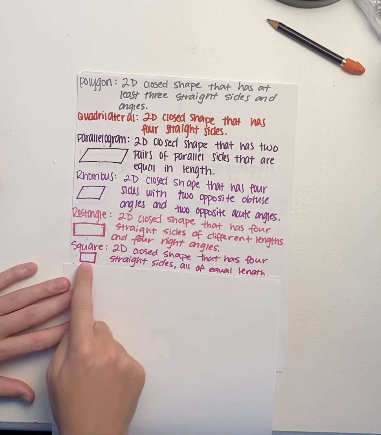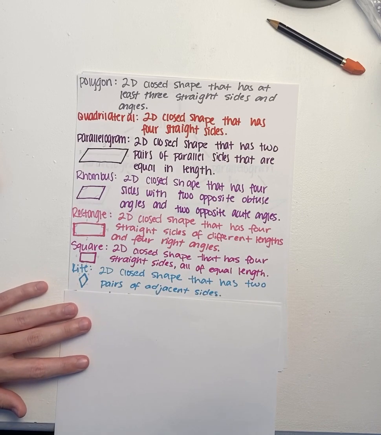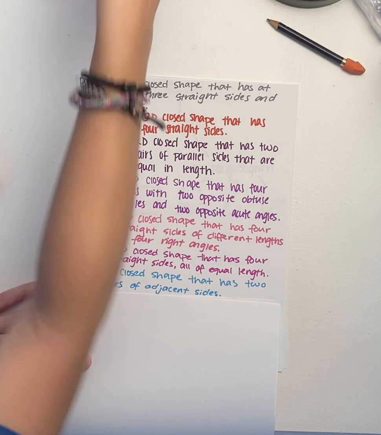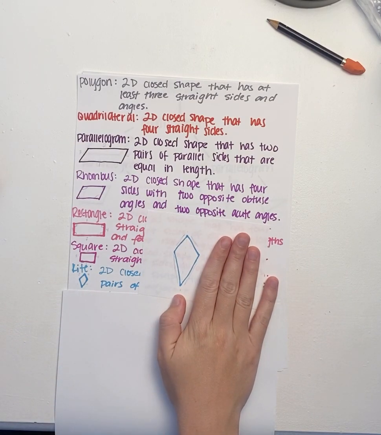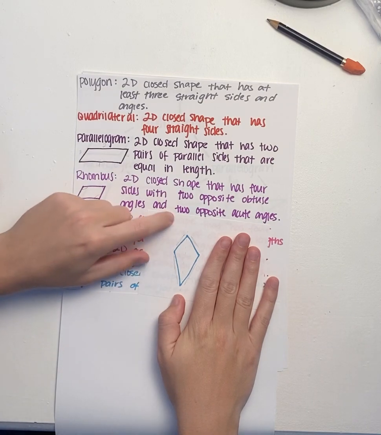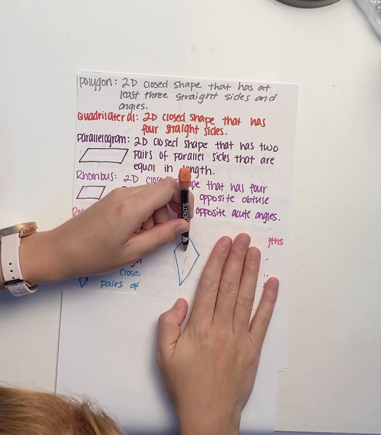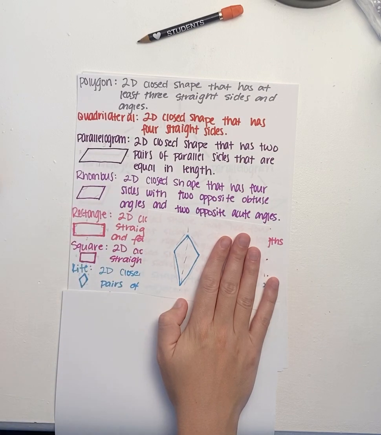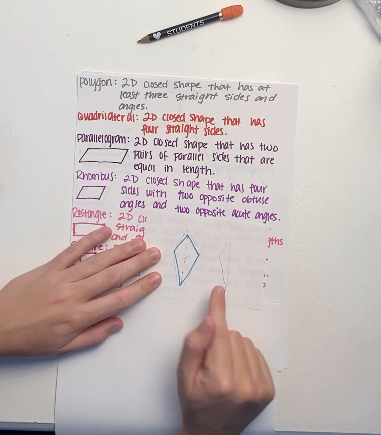A kite, in the geometric sense, not like the one you fly, is a two-dimensional closed shape that has 2 pairs of adjacent sides. So in this picture, if we had a dotted line going along the y-axis of this shape, you could flip this side over on this side and it would look like this.